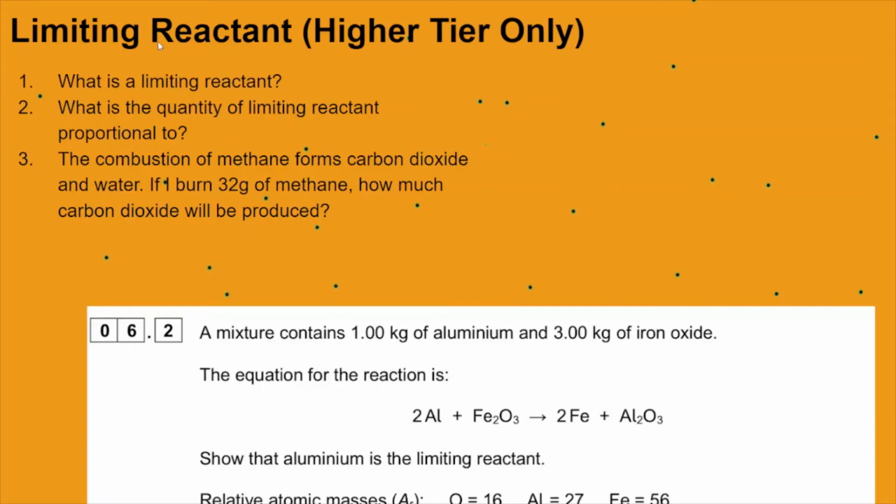The limiting reactant is the reactant that's used up. It's the reactant that we have least of in our ratio. So while one of our reactants may be used up as the limiting reactant, some of the other will be left over if we have an excess of it.